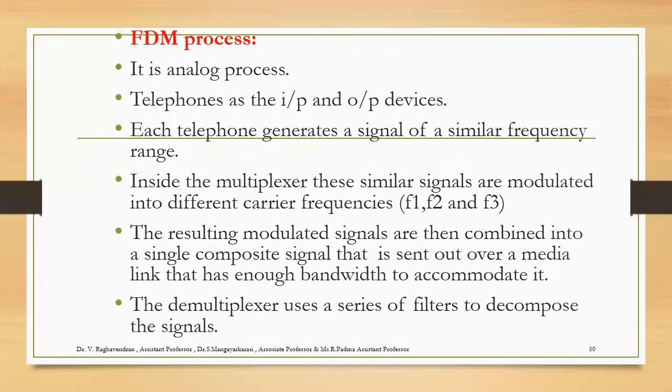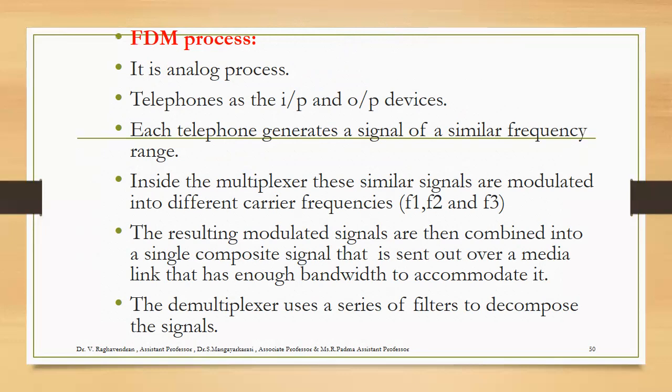So what is the FDM process here? It is an analog process. Here telephones are used on both sides as input as well as output devices. Each telephone generates a signal of the same frequency range.